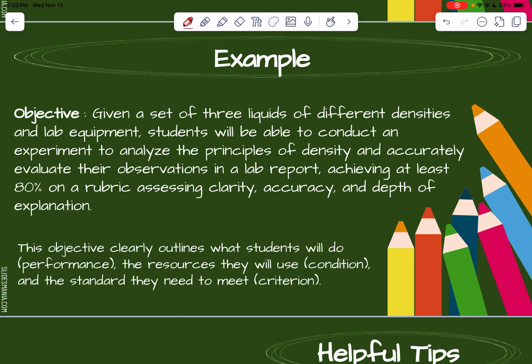So this objective contains all 3 of those components. It outlines what the student will do, that's the performance, the resources that they're going to use, that's the condition, and the standard that they need to meet, that's the criteria. And so you need to do your best to include all 3 of those components in every learning objective that you provide.